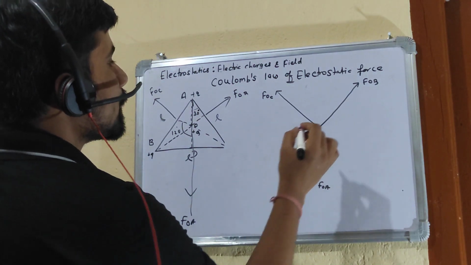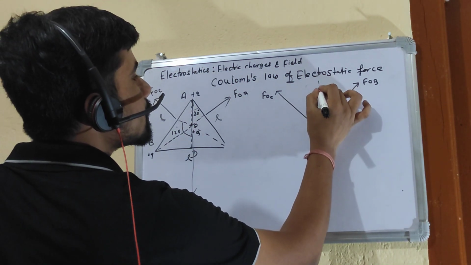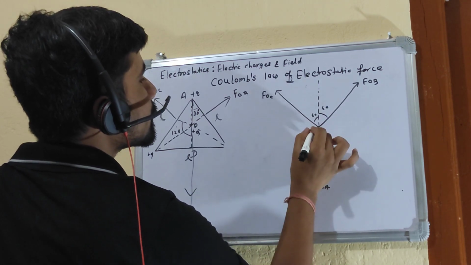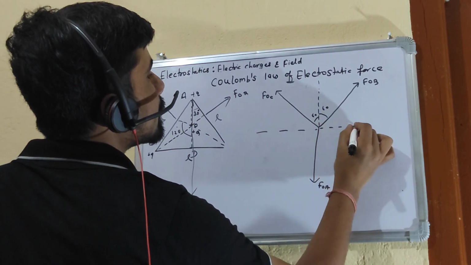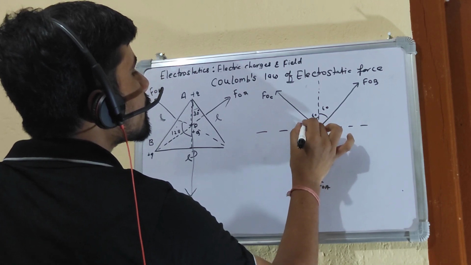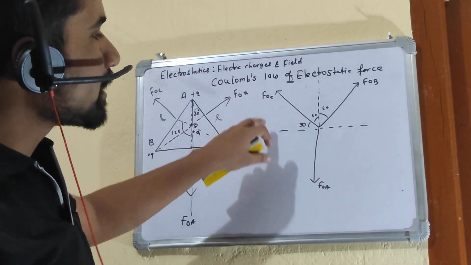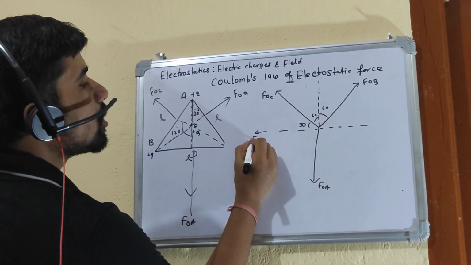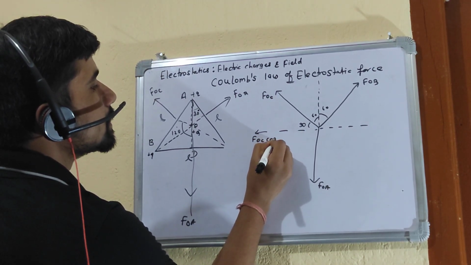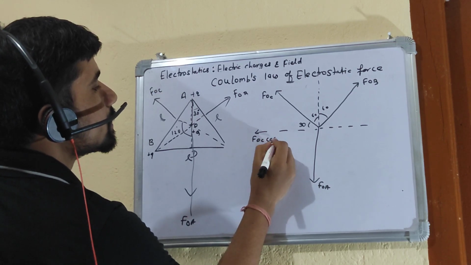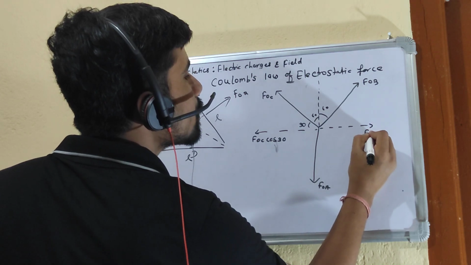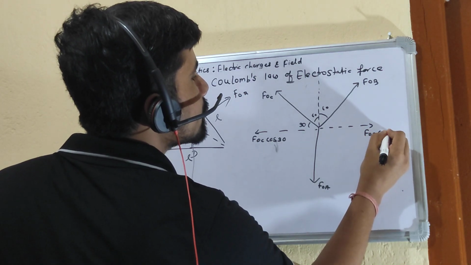And this whole angle is 120, and hence this will be 60, this will be 60, and this will be 30, right? We know that the magnitude of all three forces is the same. So FOC will have a component here called FOC cos 30, and FOB will have a component here called FOB cos 30, right?